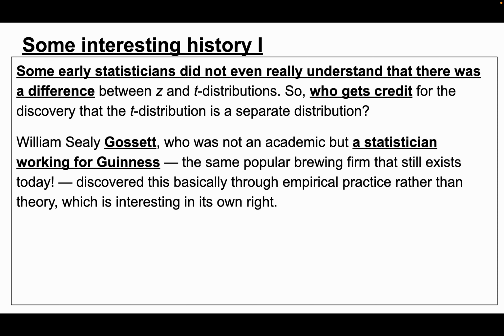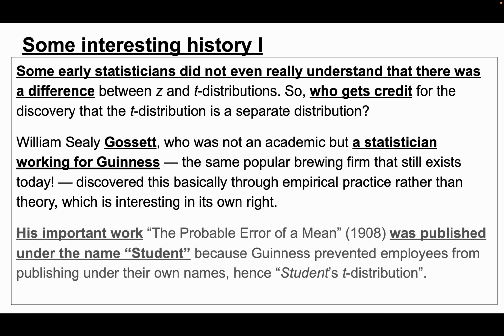Basically, Gosset just noticed that with these really small sample sizes, when he had to estimate the population standard deviation sigma with S, the theory wasn't working out. It was getting kind of close, but it just wasn't exactly correct, and it was consistently not correct. So he wrote an important paper called The Probable Error of a Mean, 1908, and he published it under the name Student because Guinness prevented employees from publishing under their own names.